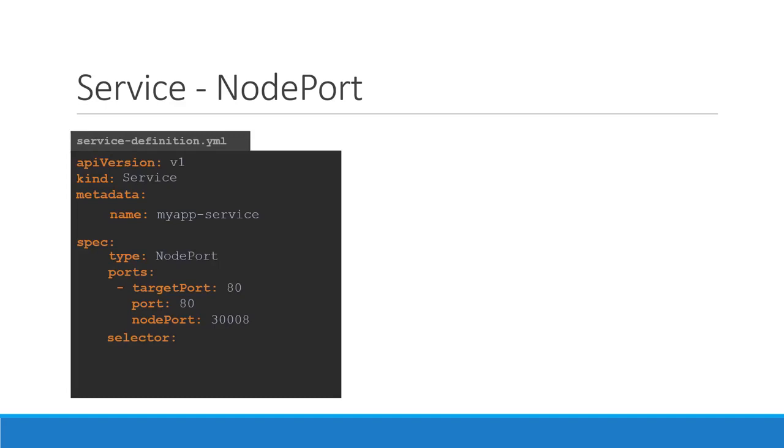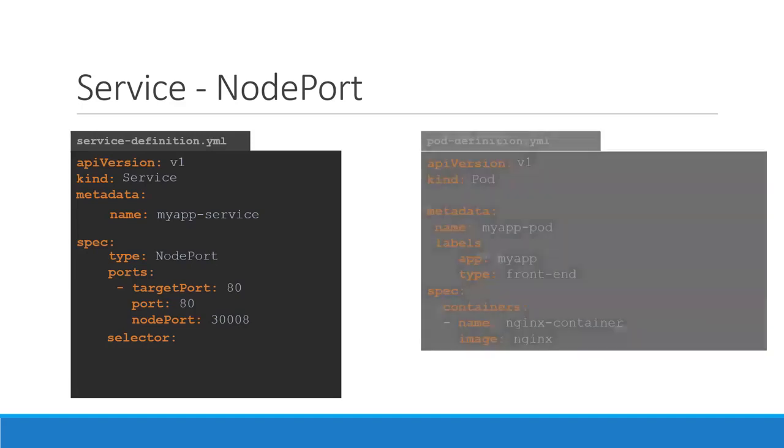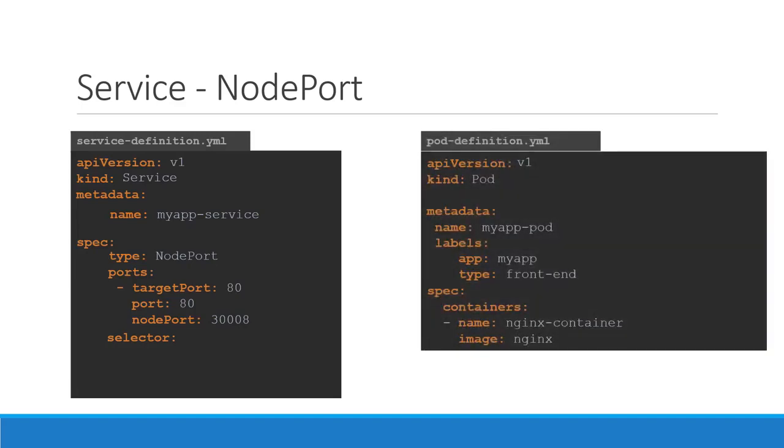Under the selector, provide a list of labels to identify the pod. For this, refer to the pod definition file used to create the pod. Pull the labels from the pod definition file and place it under the selector section. This links the service to the pod.